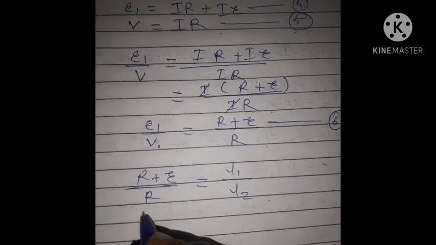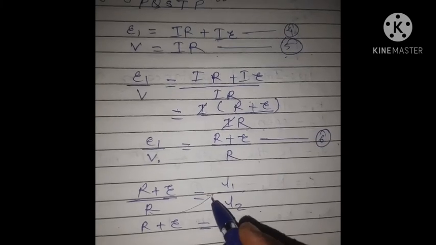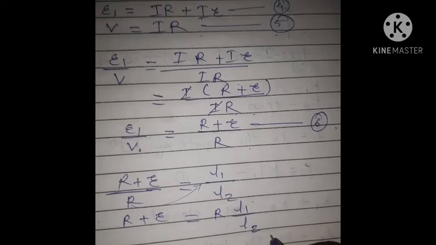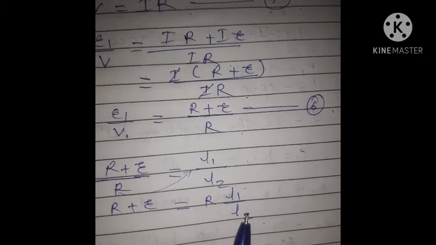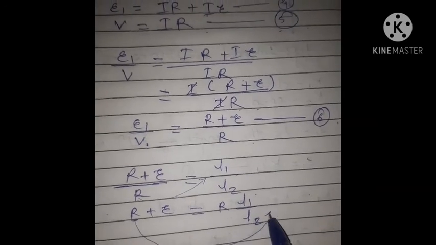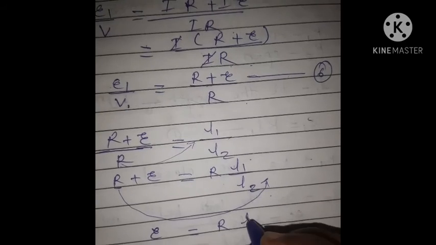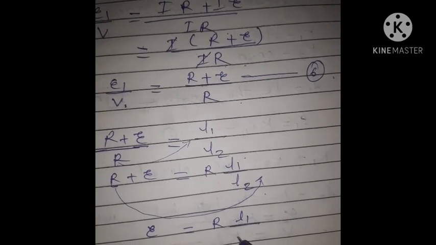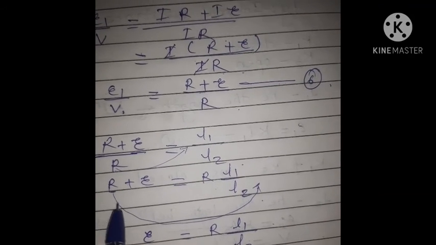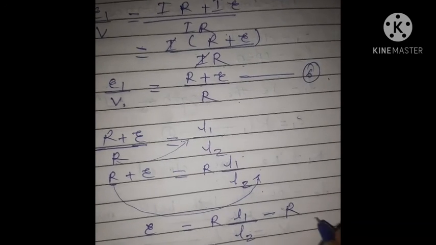Now the R is transferred to this side, so I will get R into L1 by L2. Now small r is equal to capital R L1 divided by L2, and this R is plus, and after transferring to this side it becomes minus.